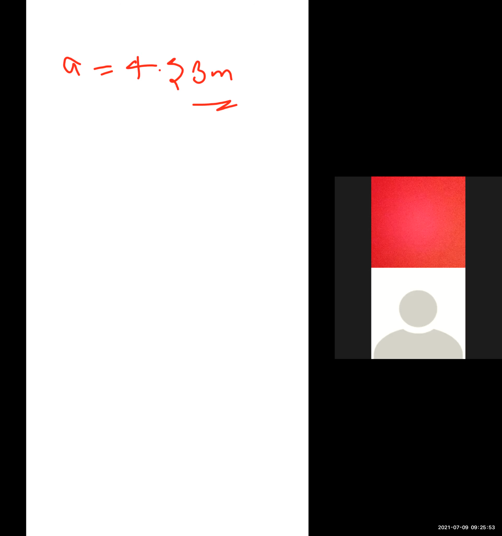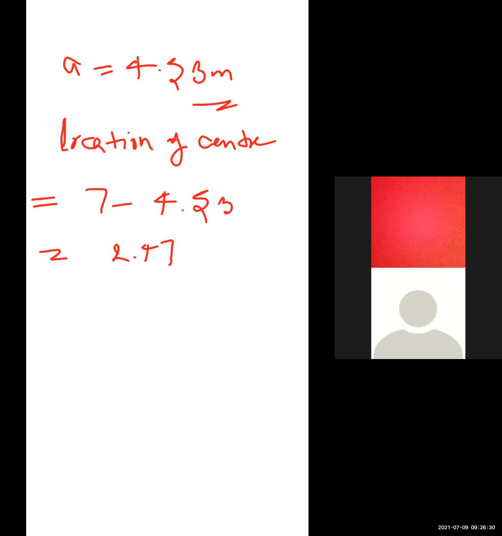So we can write 7 depth is given minus 4.53 equal to 2.47 meter.